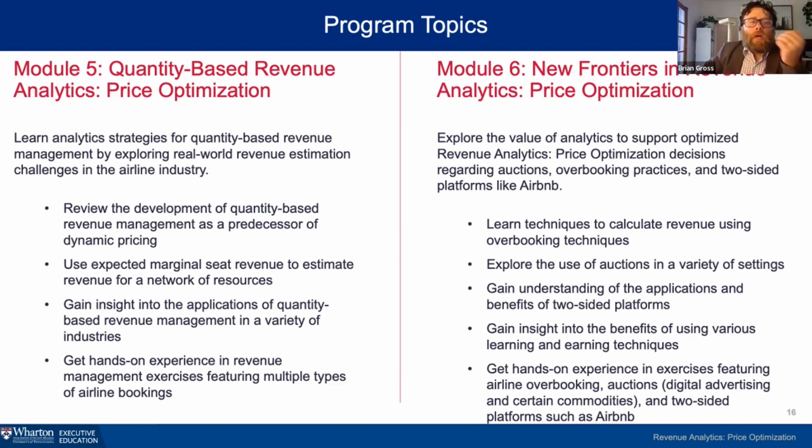So two other pieces then is quantity-based revenue analytics. We talk about it in the context of revenue management and pricing dynamics, just in extended form. What if you overbook, that kind of thing.